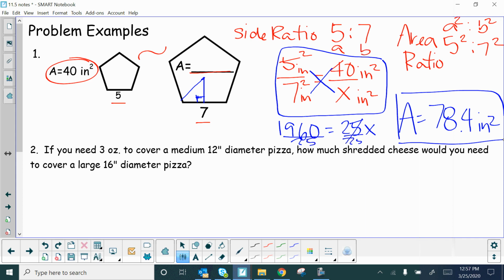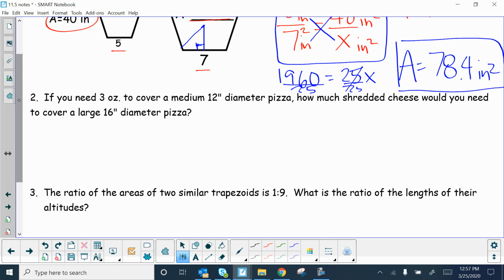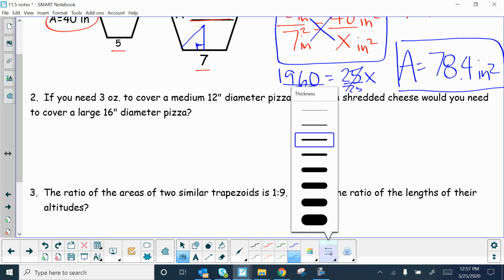All right, let's try another ratio proportion problem with area. So it says if you need this much shredded cheese to cover a medium 12-inch diameter pizza, how much shredded cheese would you need to cover a 16-inch diameter pizza? So cover is, and this is where some students kind of don't really understand this problem.